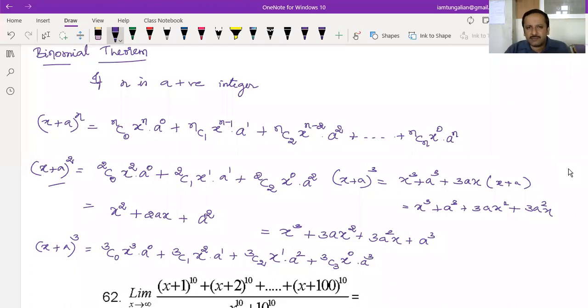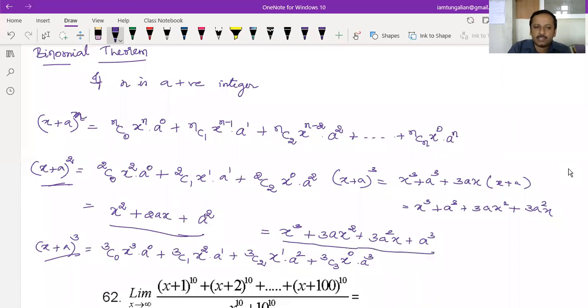The reason why I have explained all these things is that actually we don't need to use binomial theorem in this problem, but I explained it just to tell you that in the expansion of (x plus a) whole power n, the number of terms... you just observe, in (x plus a) whole square the number of terms in the expansion is 3. In case of (x plus a) whole cube, the number of terms is 4.